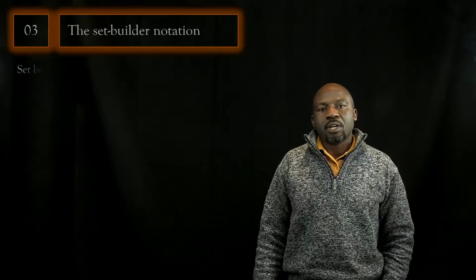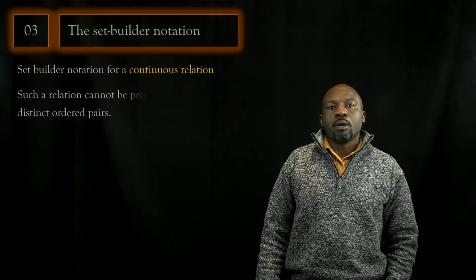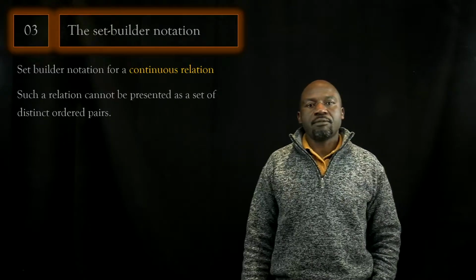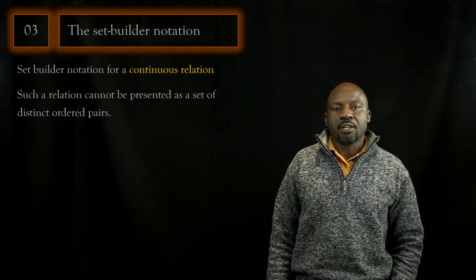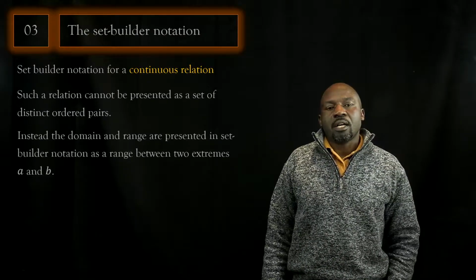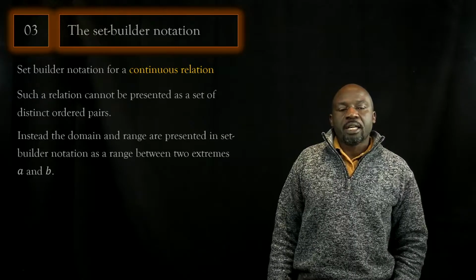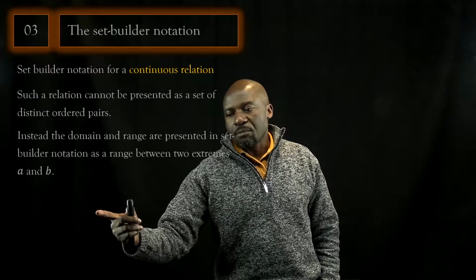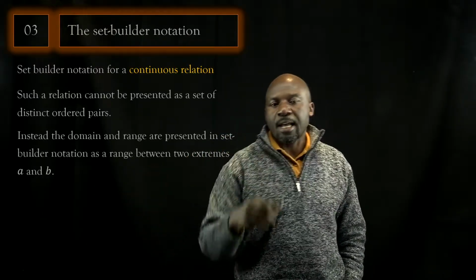Now we want to see a set builder notation for a continuous relation. Such a relation cannot be presented as a set of distinct ordered pairs as we've done in the previous case, because in a continuous relation the values increase from some point all the way along. So in a graph, we represent it by a line.